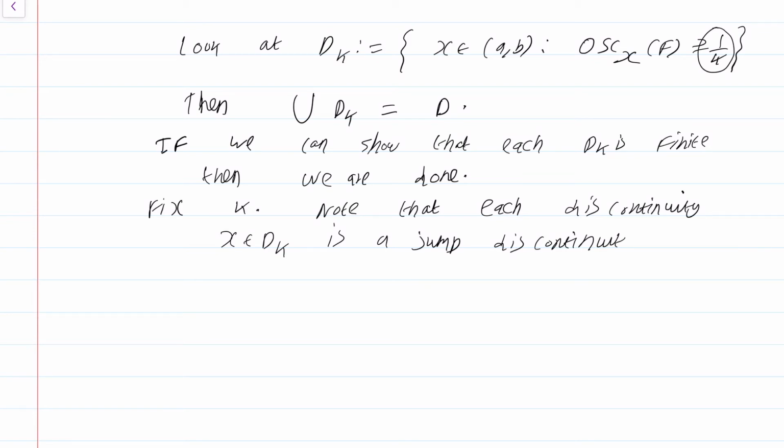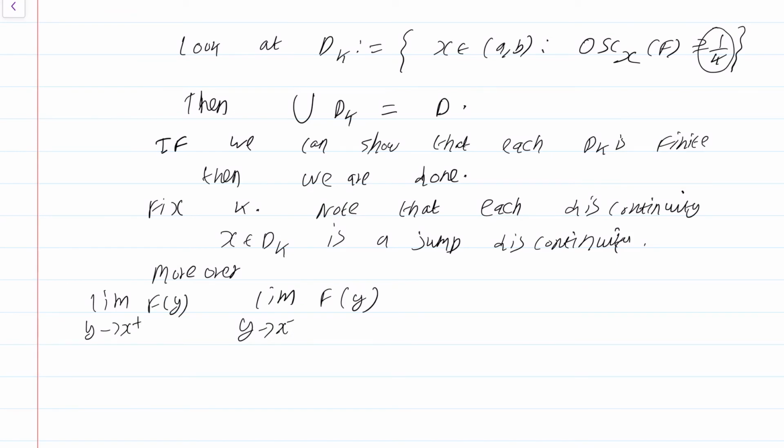Moreover, the limit as y goes to x from the right of f of y, minus the limit as y goes to x from the left of f of y, has got to be greater than or equal to 1 by k.